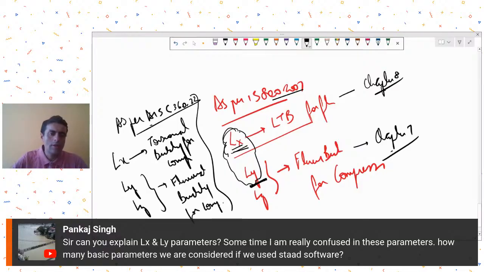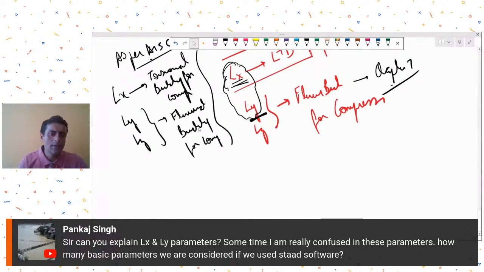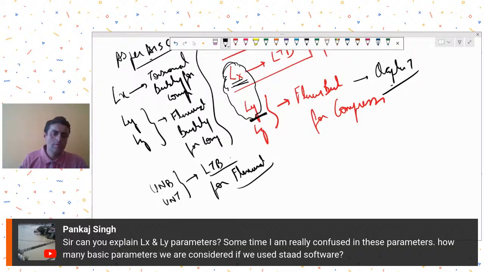And then for LTB, lateral torsional buckling, they have given you other parameters like UNB and UNT. So these are for LTB, for flexural calculations. So usually this is how it is done in the AISC code. So for details, you could perhaps, as I just told, refer some YouTube videos, or go to STAAD documentation, or contact me for further details.